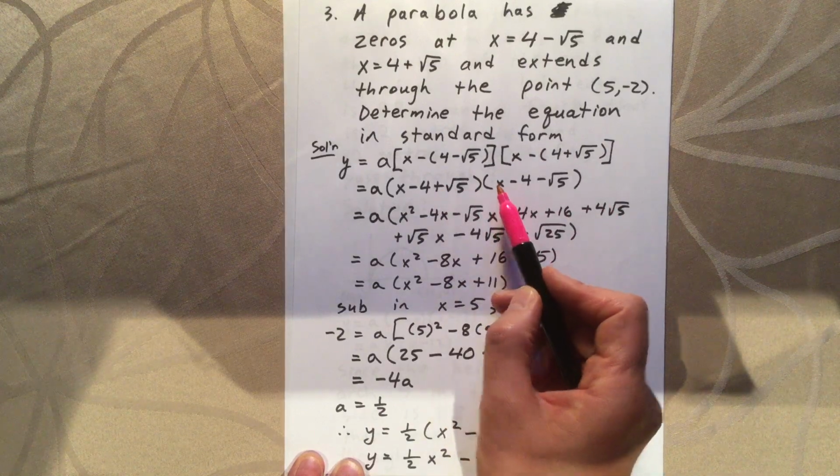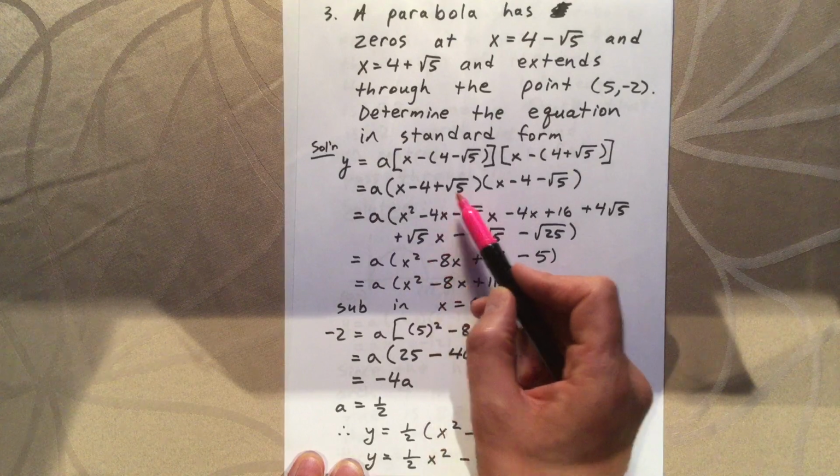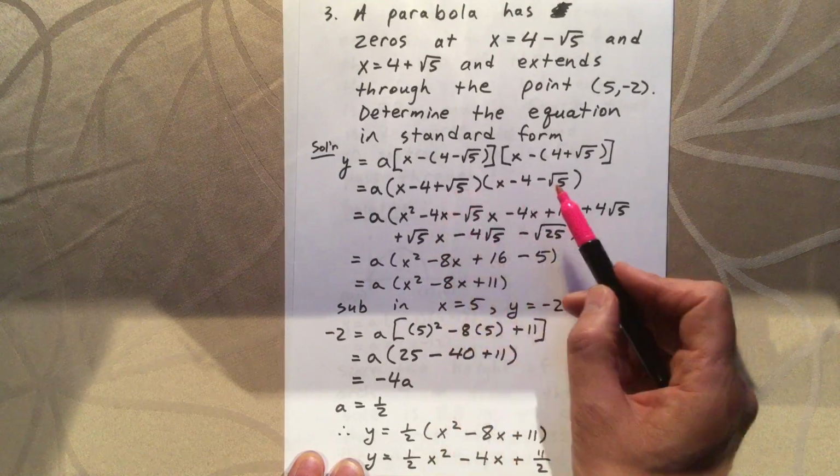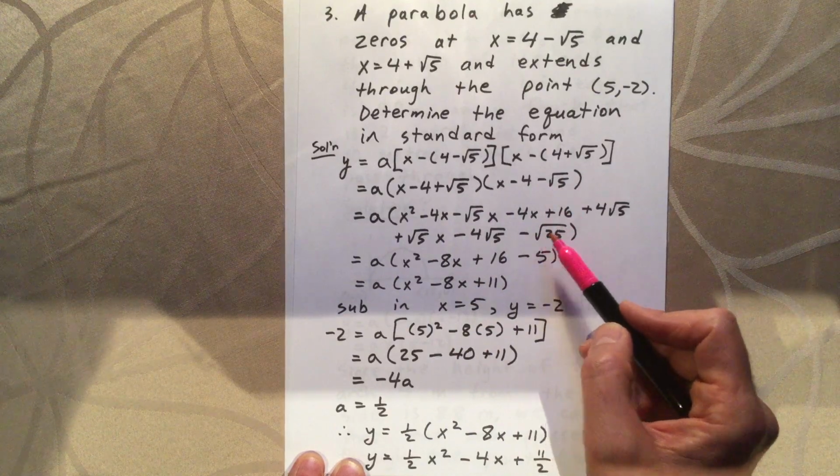Positive root 5 times x is positive root 5 x. Positive root 5 times -4 is -4 root 5. And positive root 5 times negative root 5 is negative root 25.